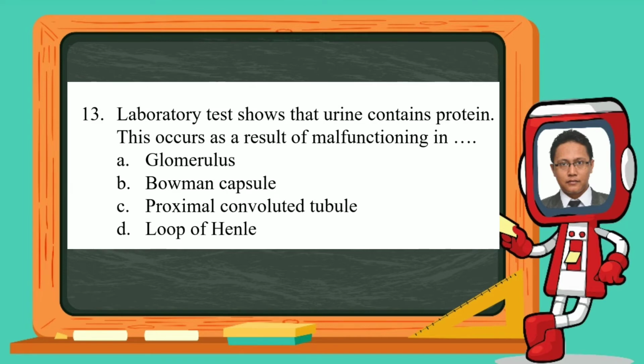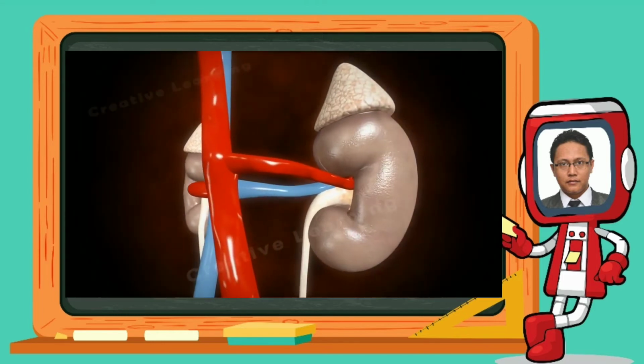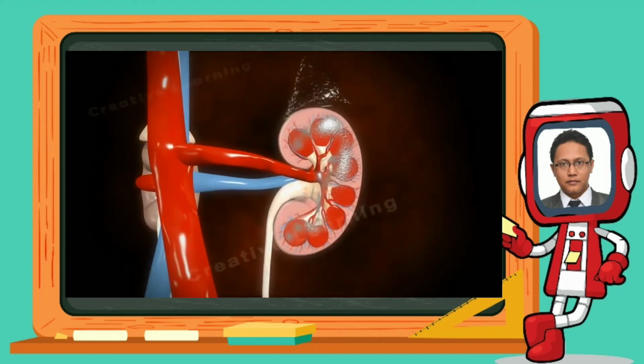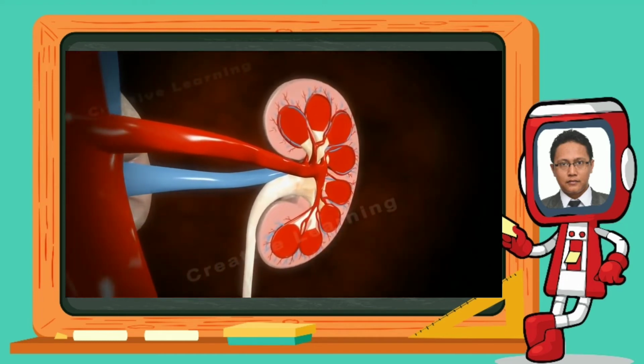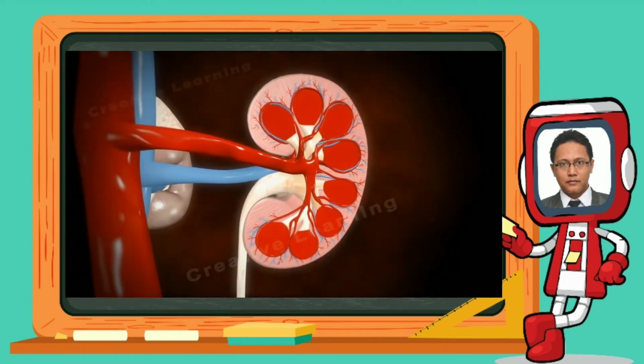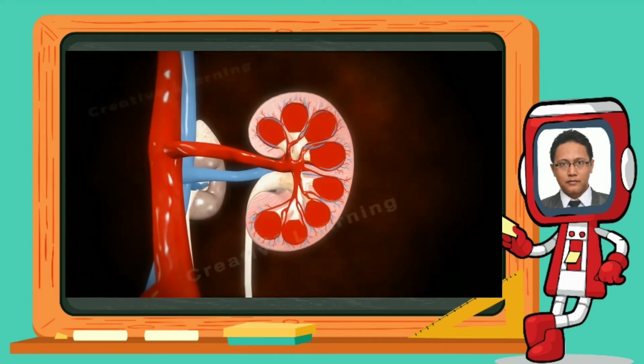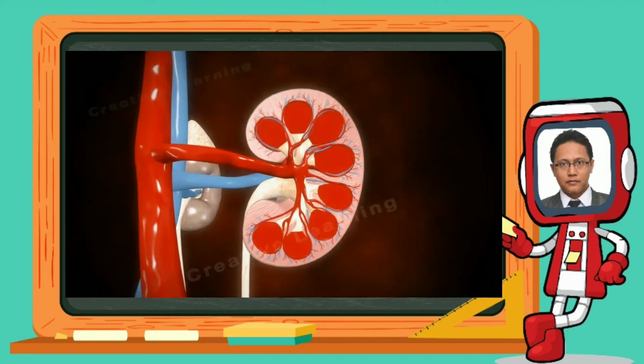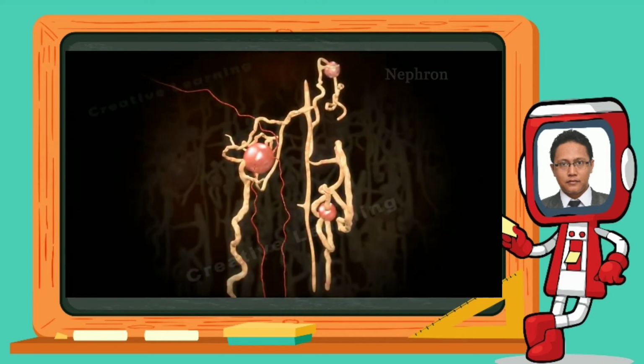In filtration, the blood will enter the glomerulus. The glomerulus is actually just an extension of blood vessels, an extension of capillary. The difference is that the glomerulus is much more permeable. It means it will allow more material to escape from the glomerulus.